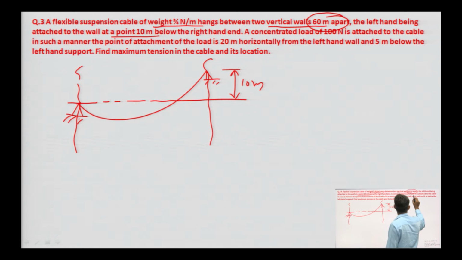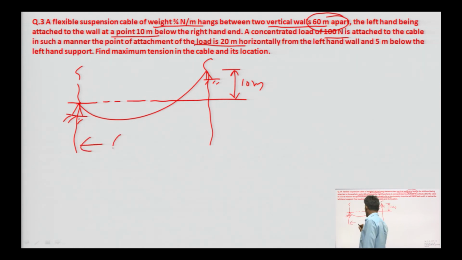A concentrated load of 100 Newton is attached to the cable in such a manner that the point of attachment of the load is 20 meter horizontally, out of this 60 meter, out of this L equal to 60 meter.